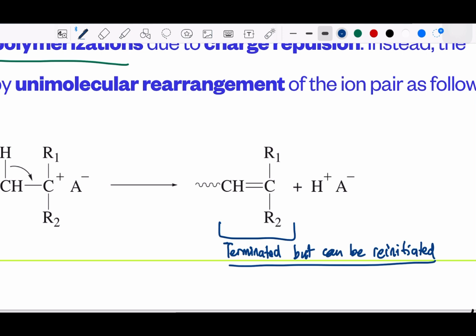Because technically it's not really terminated, so we can reinitiate again and again. So it's easy to polymerize that. The only drawback, I think, is that not many monomers can be prepared.